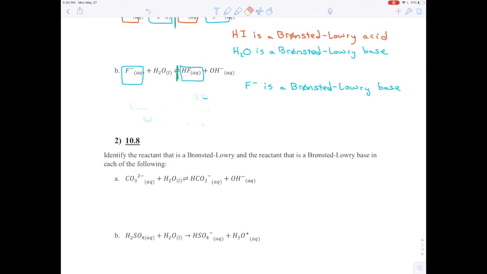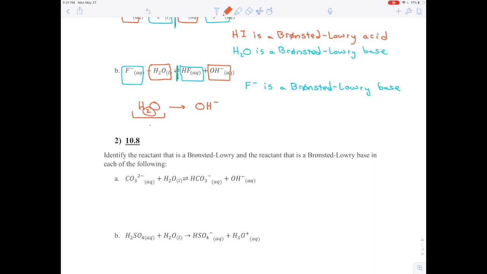Okay, next. And I'm erasing this just to make more room, but you would want to fit all this work into your page. Okay, so let's look at the other molecule we have, H2O. Go on the other side of the reaction arrow. What resembles it there? OH-. So H2O starts as H2O and ends as OH-. We want to know whether this is an acid or a base. That depends on whether it accepted or donated an H+.